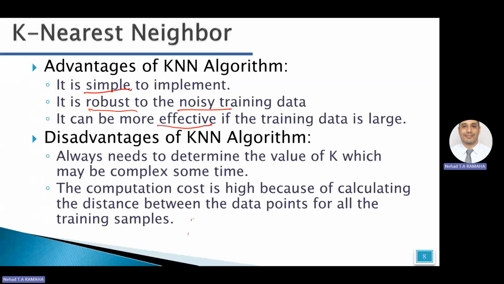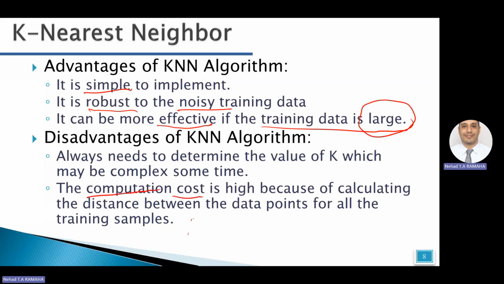It's effective for a large training data set because it will give you almost the correct category for the new data, but it's not efficient because of the computation.